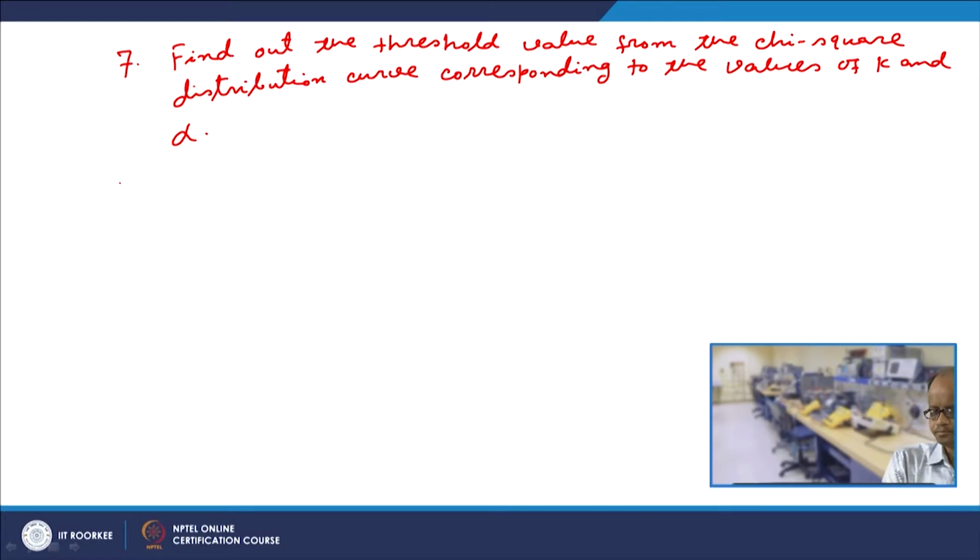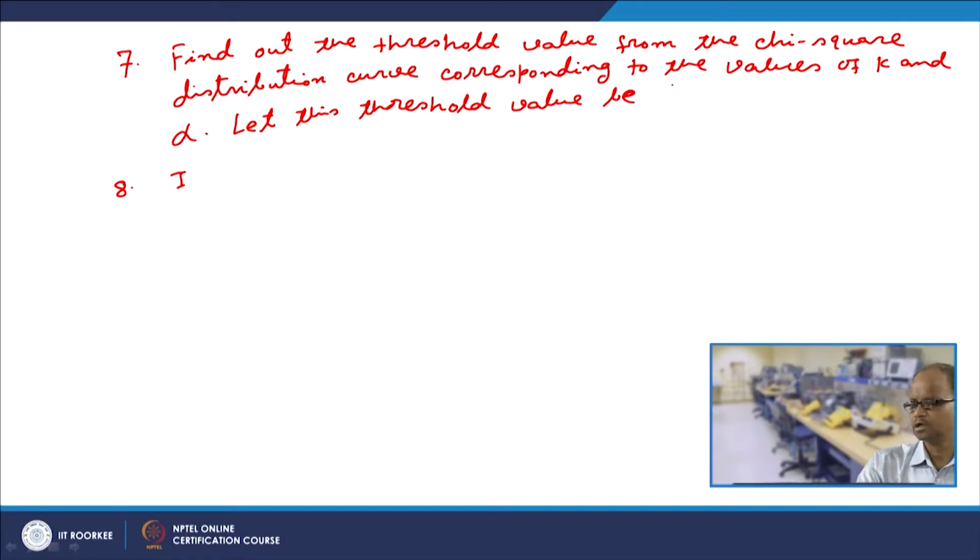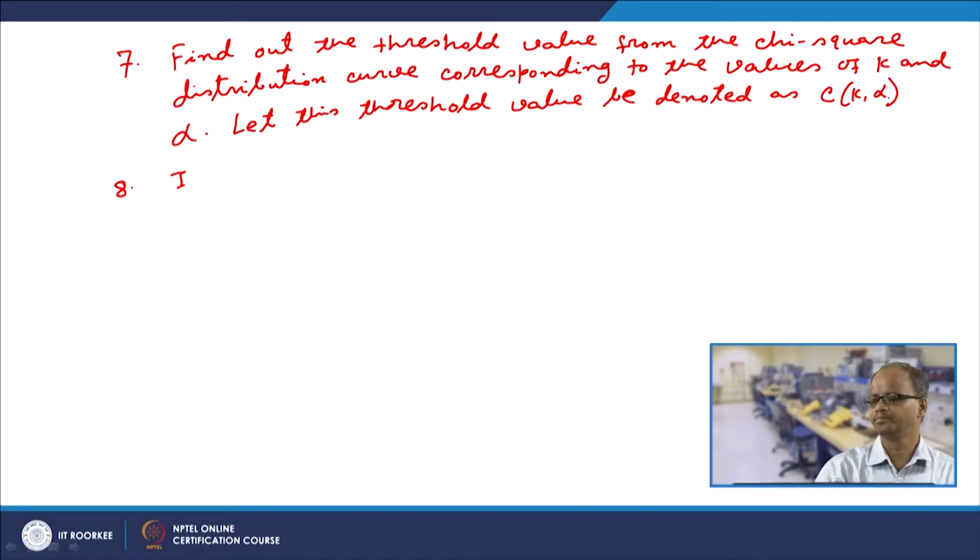Then let this threshold value be denoted as C k alpha. This C stands for the chi-square distribution curve, and k and alpha are those values.